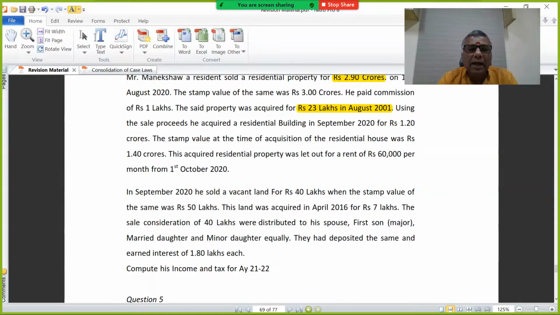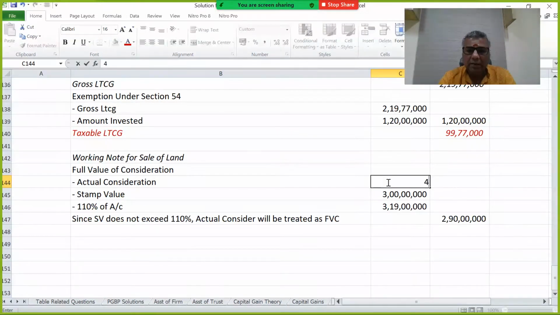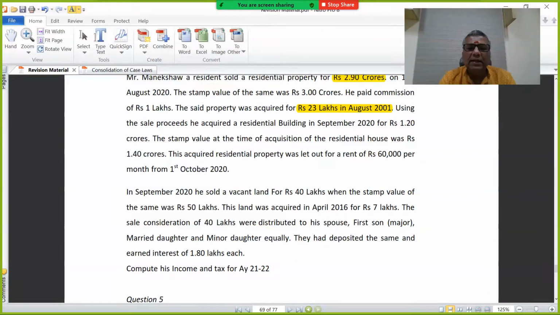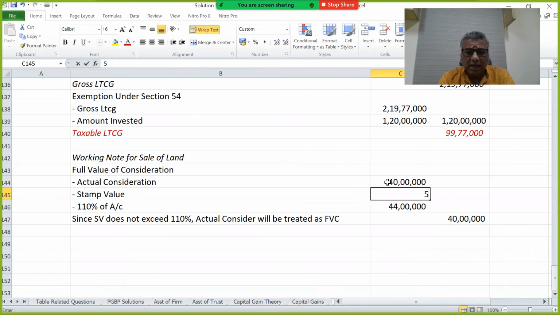He sold a vacant land for 40 lakhs. The stamp value on that date is 50 lakhs.